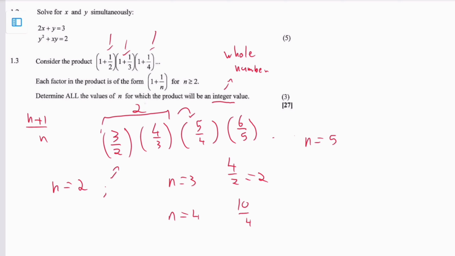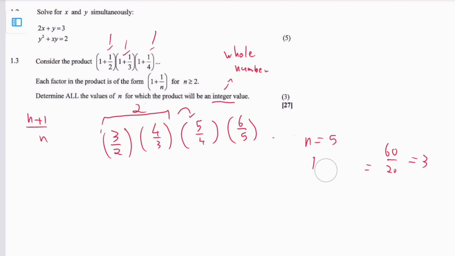And so that would be, if you do 10 over 4 times 6 over 5, you get 60 over 20, which gives you a whole number. And so what you're starting to see develop here is that when we have even numbers, we are getting non-whole numbers or non-integers, and when we have odd numbers, we are getting integers.